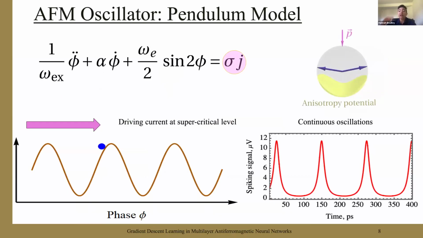The oscillator now acts as an inertial particle under a driving force, with the driving force being the spin torque from the spin current. When the current is at a supercritical level, the AFM will act as an auto-oscillator, continuously outputting spin-pumping spikes. But let's consider the case where the driving force is at a subcritical level, and the spin current alone is not enough to send it into an oscillation.